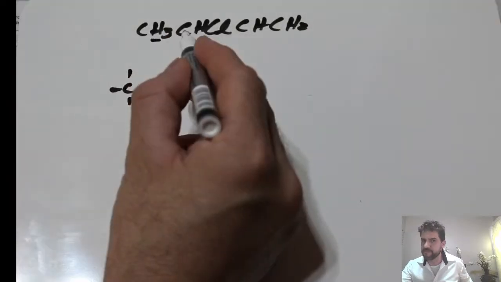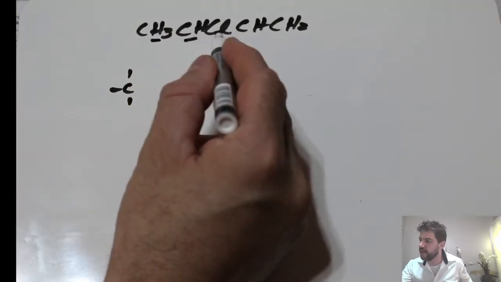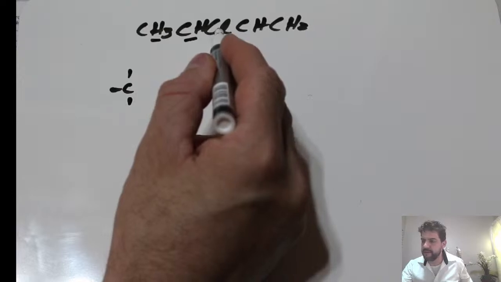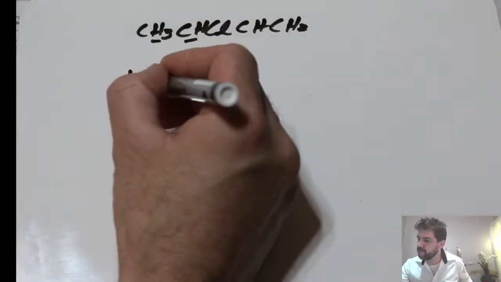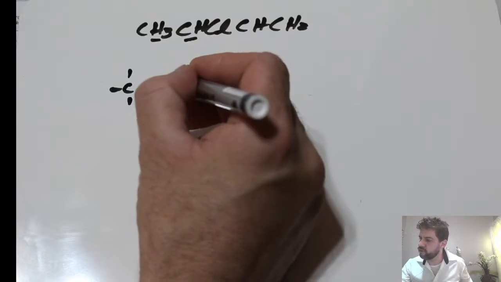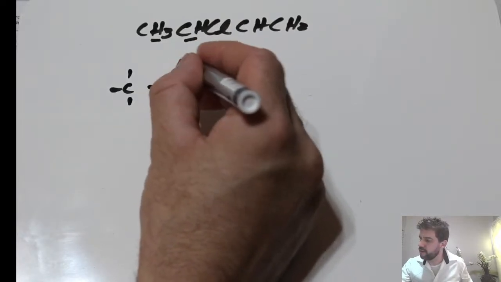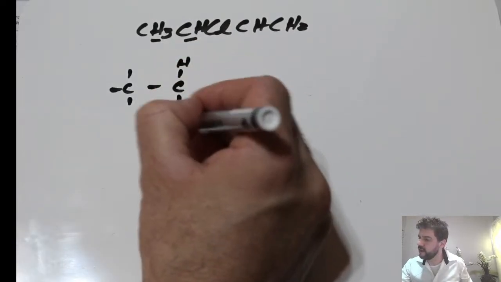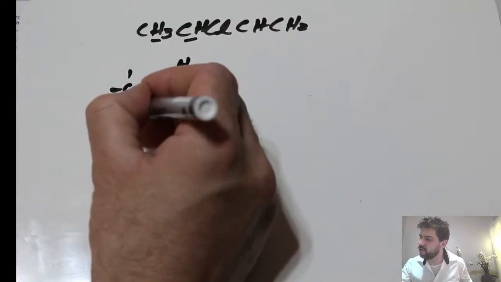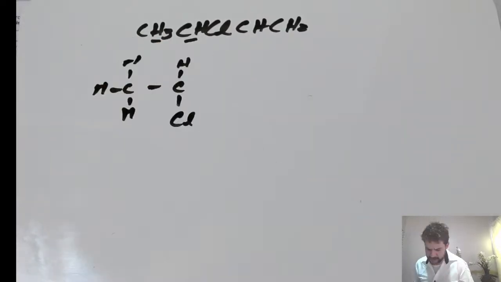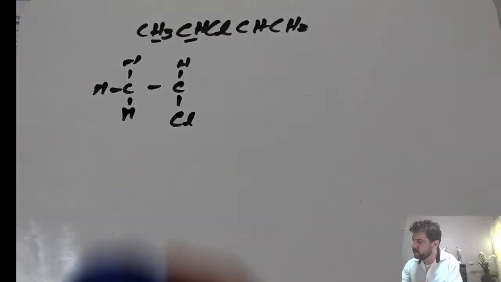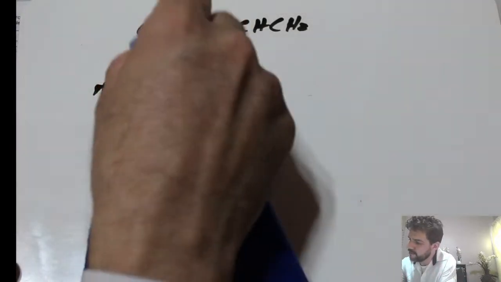Here, a carbon with 1 hydrogen and 1 Cl. I'm going to write the Cl at the bottom. This one is hydrogen, this one is hydrogen. I say don't combine the carbon, and I just combined it. You see? I say don't combine it, leave it for last, okay?